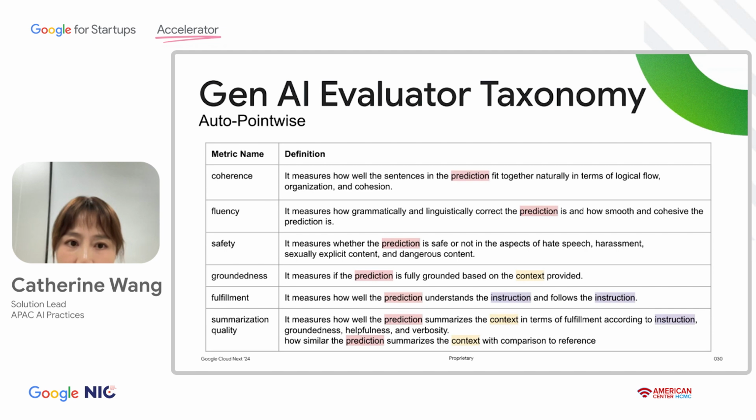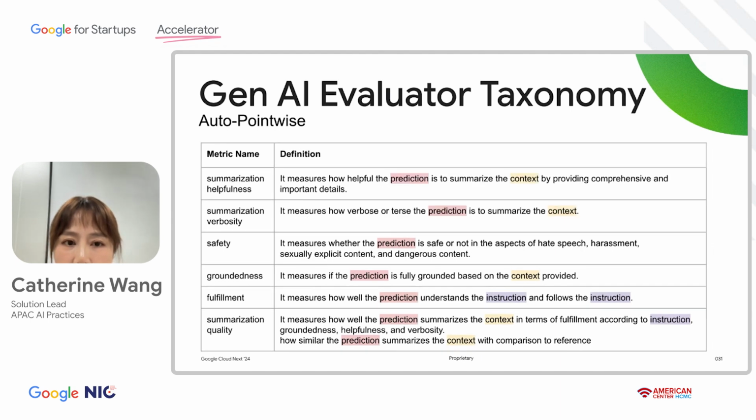And again, those metrics are already being provided. It's a default set of metrics that you can choose from when you are running the auto point-wise evaluation, right?